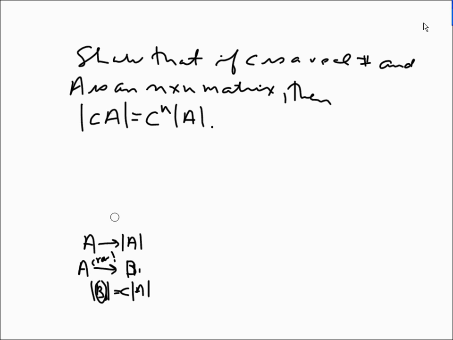Then you do the same to the third row, the fourth row, etc. Every time you multiply one row by C, the determinant of that new matrix is multiplied by a factor of C. So we're going to do a multi-step proof, but each step is the same argument. You're just going to multiply a different row. Okay, proof.